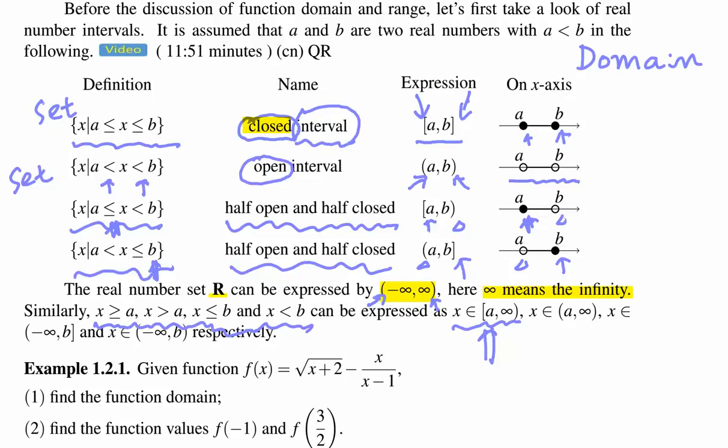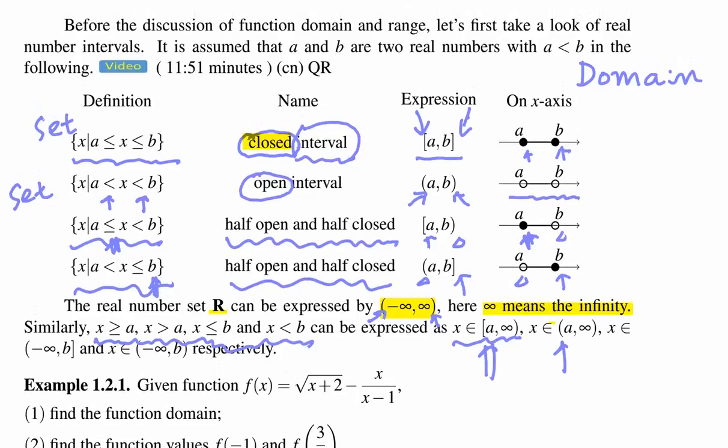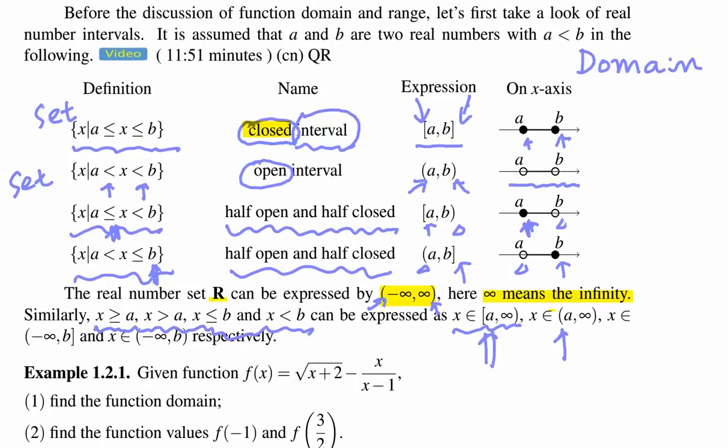If a is not included, you got to use a round bracket. Recall right here, what's the meaning of this symbol? It means belongs to. Okay? X belongs to this interval.